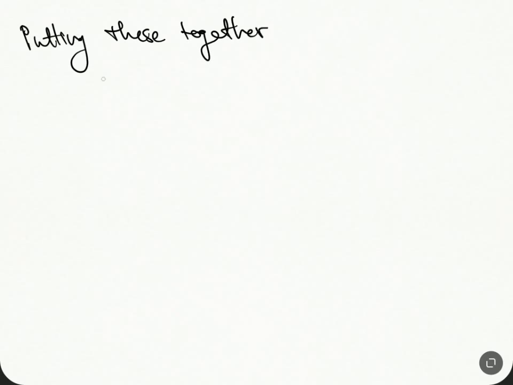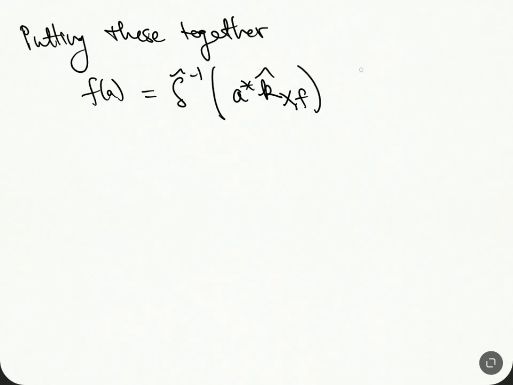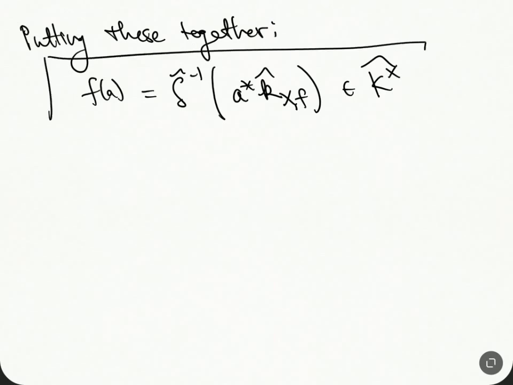It says that f of a is really delta hat inverse of a star of kappa, the one associated to x at f, as elements of k cross hat. We have this special formula.